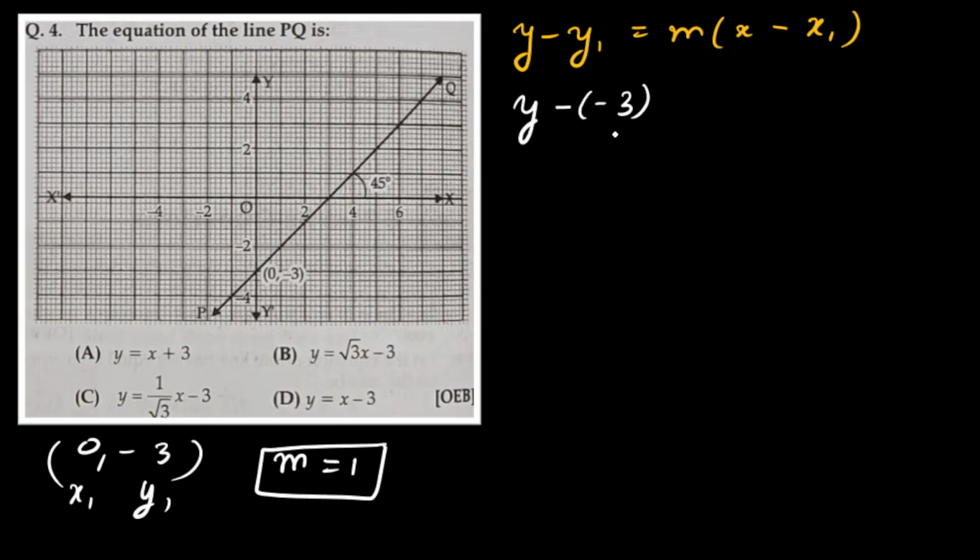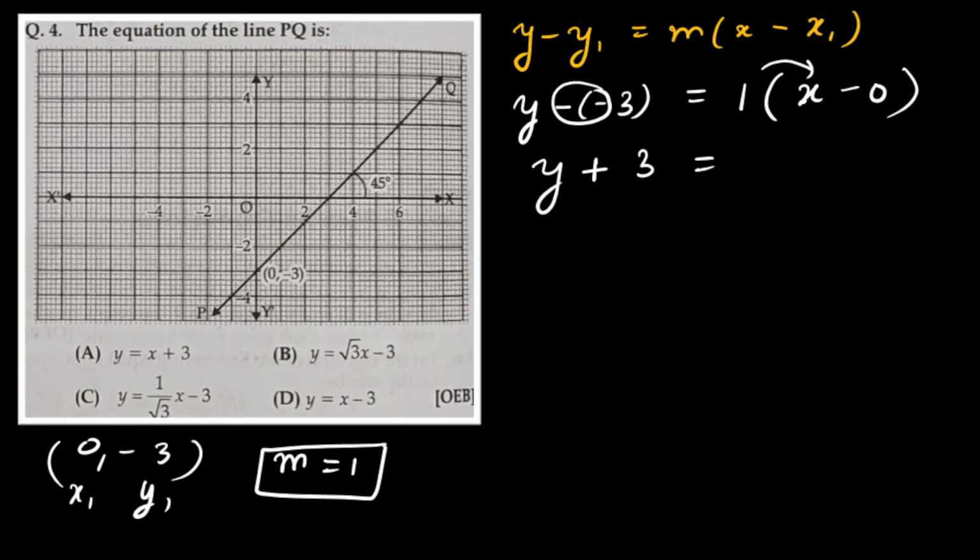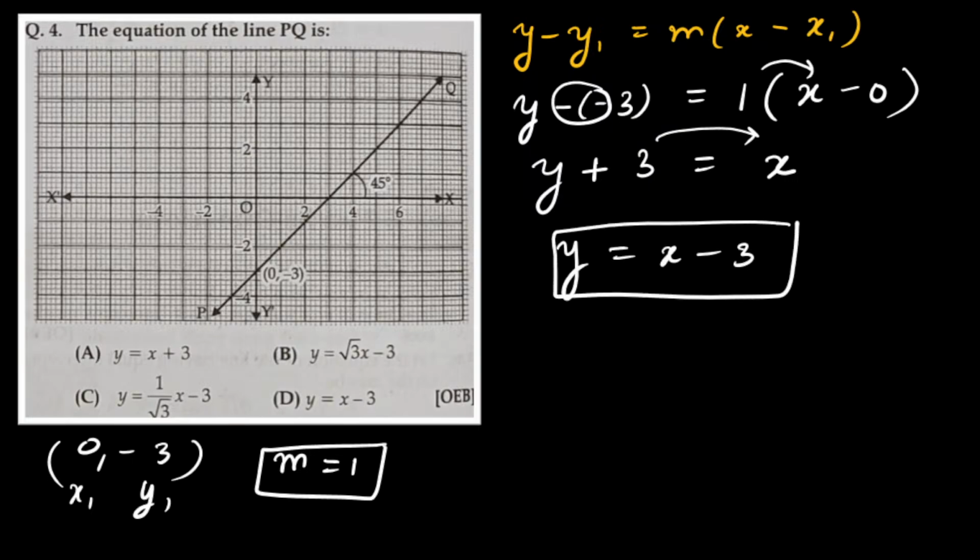Y minus of minus 3 is equal to m, which is 1, into x minus x1. x1 is 0. So y minus minus, two signs together, so we convert into a single sign. Minus minus is plus. Y plus 3 is equal to 1 into x minus 0, which is x only. So let's shift 3 to the other side. So y is equal to x minus 3 is the required equation.